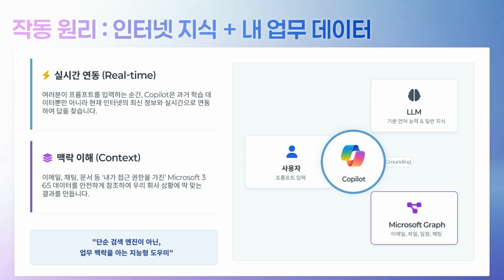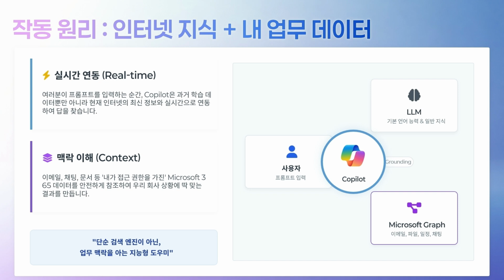For example, if you are creating a document in Word, Copilot doesn't just write text. It constructs the contents based on emails you have sent before, Teams chats, and related documents stored in SharePoint.